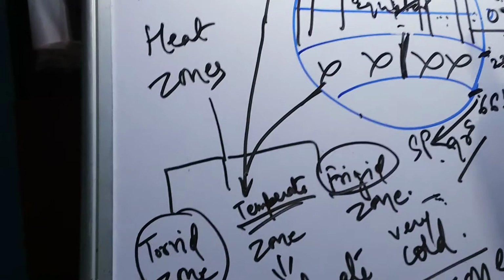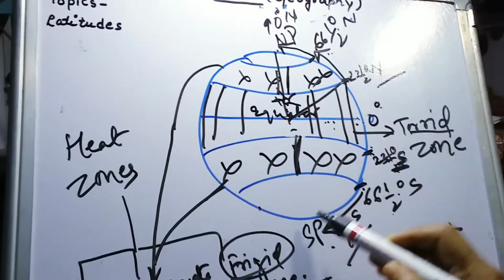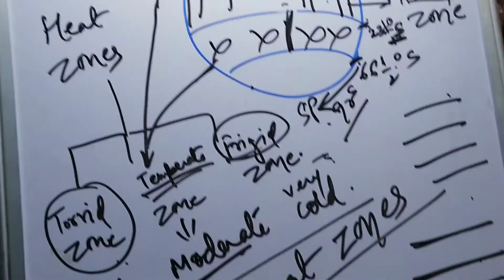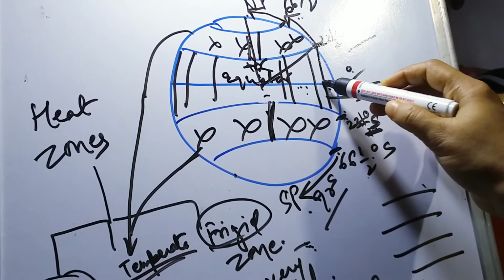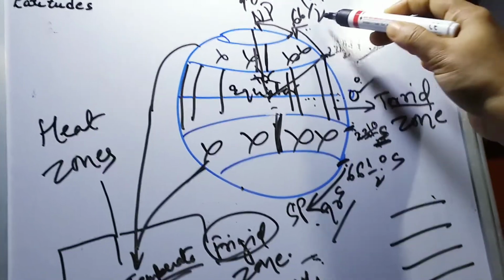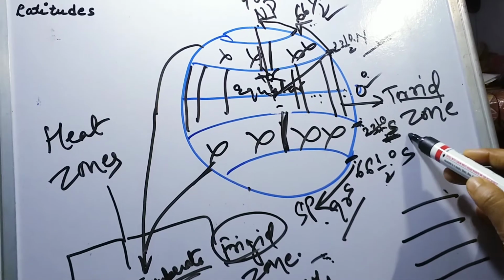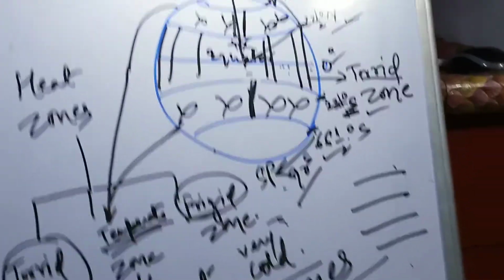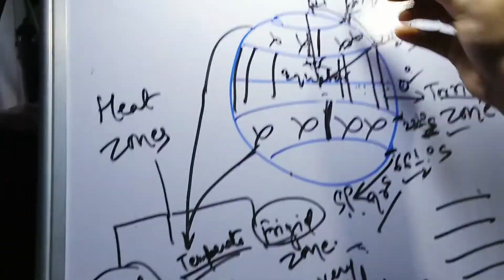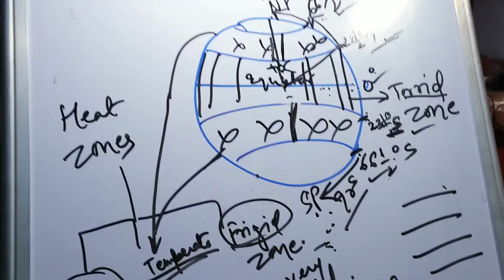So this is Tropic of Cancer, Capricorn, this is Antarctic Circle, this is Arctic Circle, this is North Pole and this is South Pole. So what are those parallels of latitude? First is equator, which is the longest line of latitude, Tropic of Cancer, Arctic Circle, Antarctic Circle and Tropic of Capricorn. Okay, and these are the two basic points of the earth, North Pole and South Pole.